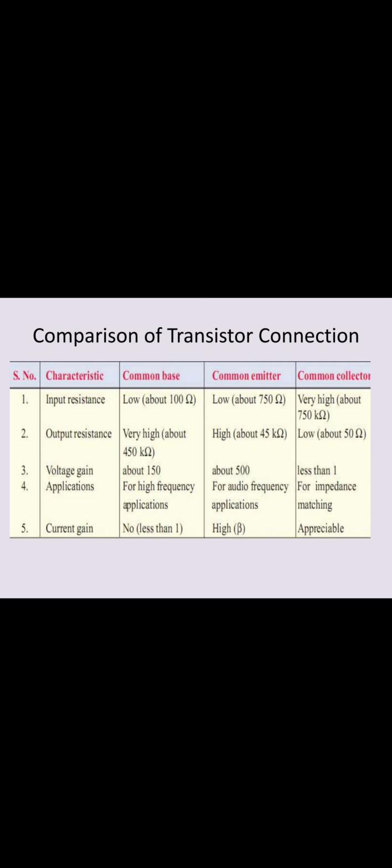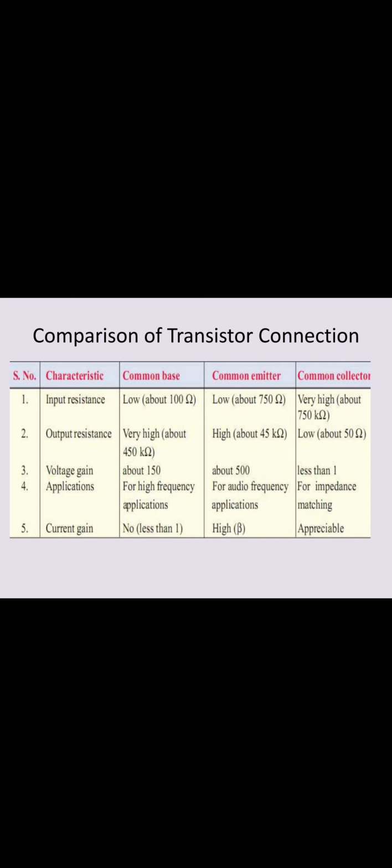As we can see in the chart, the first characteristic is the input resistance, which is very low in the common base, about 100 ohms, which increases in the common emitter up to 750 ohms, but it is also in the low range, while the common collector has a very high input resistance, about 750 kilo ohms. The second characteristic is the output resistance.